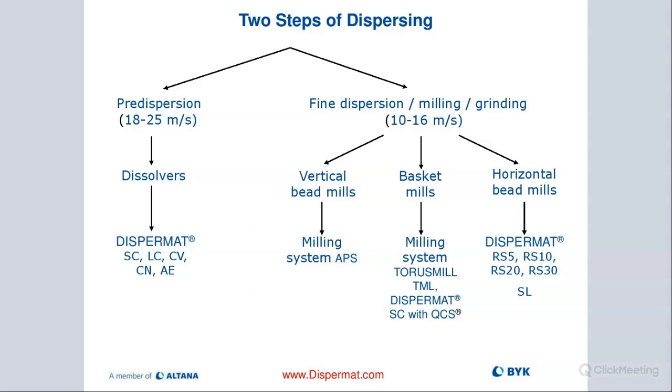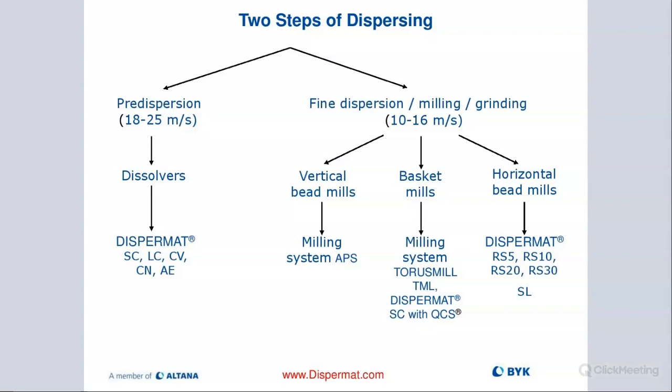That is critical to properly pre-disperse our slurry. When we get down to the 10 to 30 micron range, this is when we start the media milling, or the fine dispersion process, as some people call it. Our tip speed is a little bit slower, between 10 to 16 meters per second when we're milling.